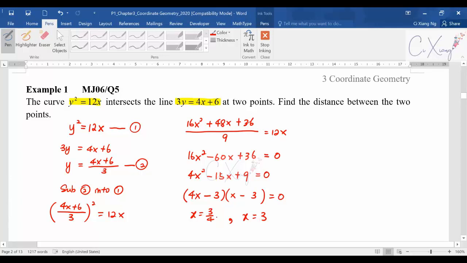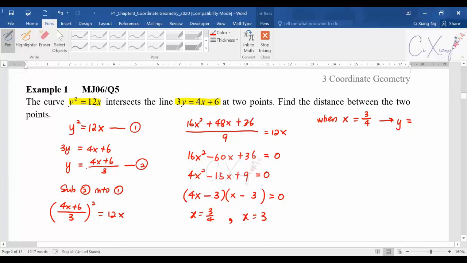Okay, all right. So you have two x-coordinates. That means these are the two intersection points already. But they want the distance between the two intersection points. Okay, so we continue further. When x equals 3 over 4, what is the value of y? You can substitute it into either one.